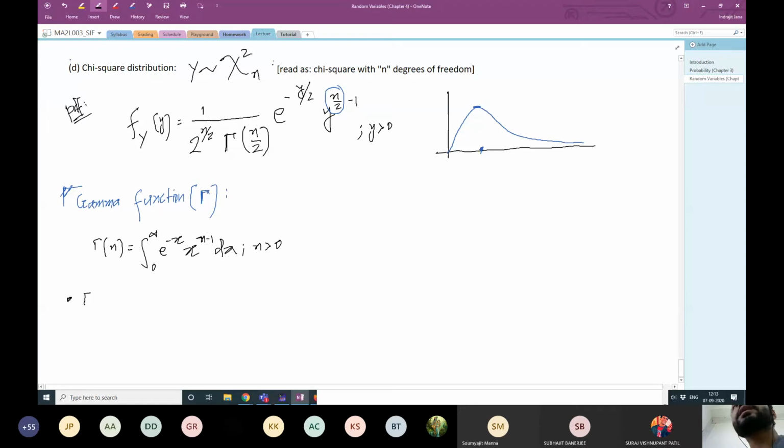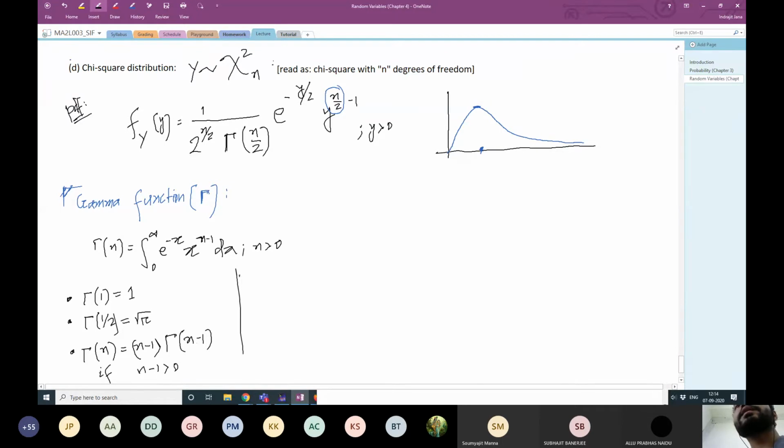For example, gamma 1 is simply going to be 1, which is simply integration of e to the power negative x. Gamma of 1 half is square root of pi. There is a way to do this. And the third property: gamma of n is n minus 1 times gamma of n minus 1, as long as this n minus 1 is positive.